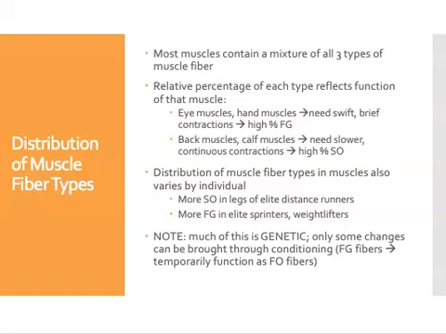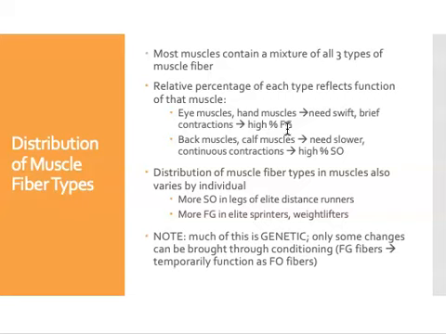So think about, for example, the muscles that surround your eyes, the muscles that are in your hands. Think about the work that those kinds of muscles have to do. Those muscles have to be able to respond very quickly, but they really only need to contract briefly. So it makes sense that those kinds of muscles would have a high percentage of the fast glycolytic type of fiber.